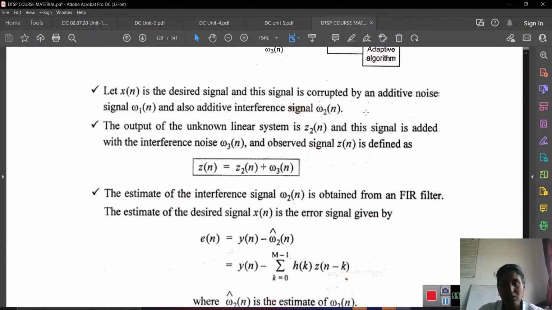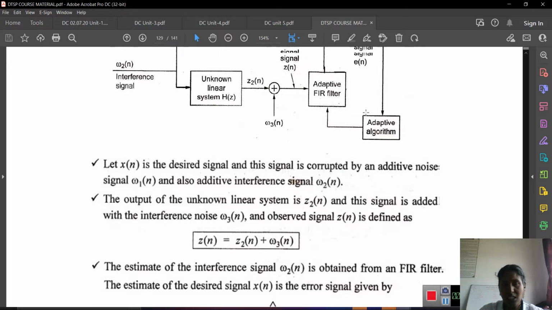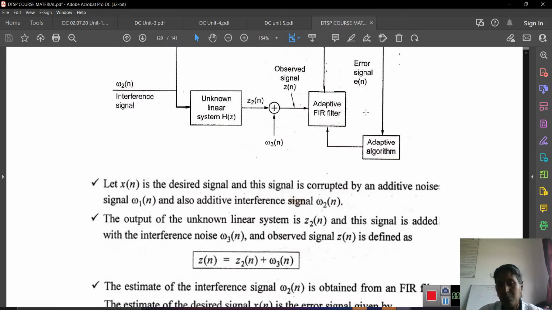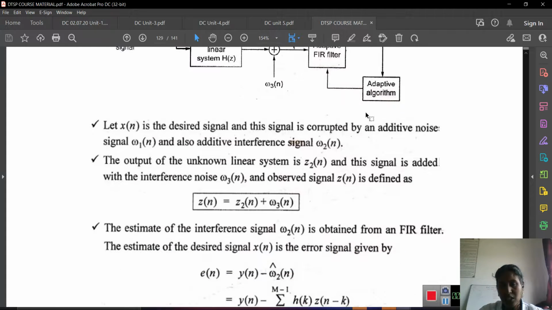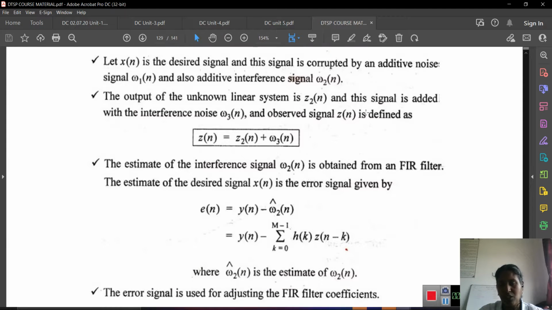Here see the calculation. Let x of n be the desired signal, and this signal is corrupted by an additive noise signal w1 of n, and also an additive interference signal w2 of n. The output of the unknown linear system is z2 of n, and this signal is added with the interference noise w3 of n, and the observed signal z of n is defined as, this is the explanation for the above diagram, z of n equal to z2 of n plus w3 of n.